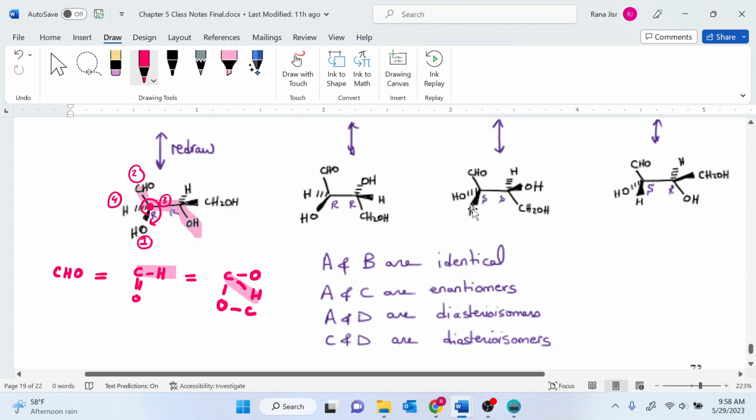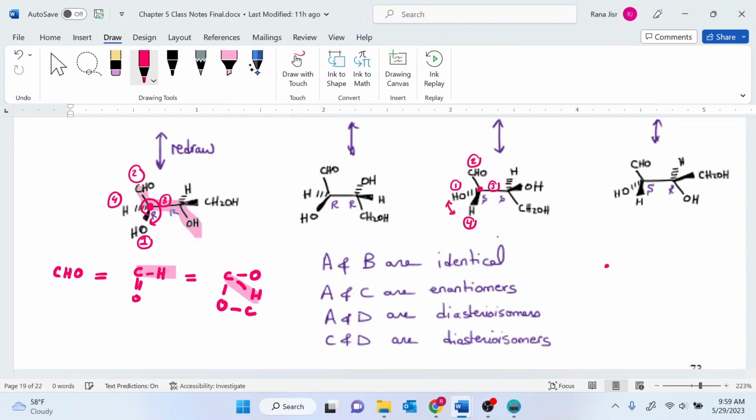For example, over here, the hydrogen is in front. Let's set our priorities. So OH is going to be priority one, the aldehyde is going to be priority two, and this guy is going to be priority three, and this one is going to be priority four. So what you're going to do over here is switch one and four together. Let's draw it. And then one is going to be in front, and four is going to be behind. And then you have the two, and you have the three.